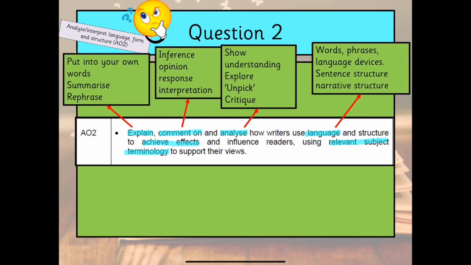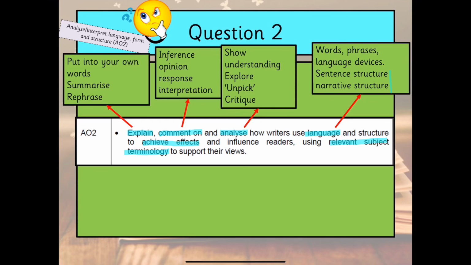And of course, this is a language-focused question, so that means looking at words and phrases and language devices in particular. It does also mean looking at sentence structure and narrative structure, although I would say just be careful about these last two. As I've said before, this is a language-focused question, not a structural-focused question.